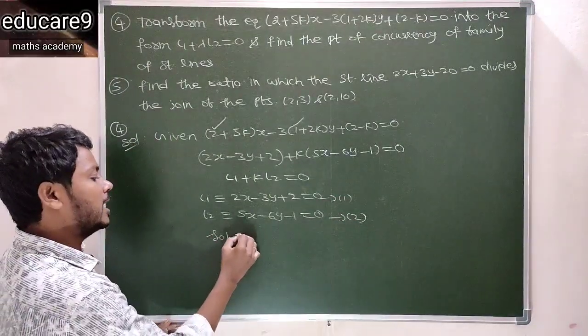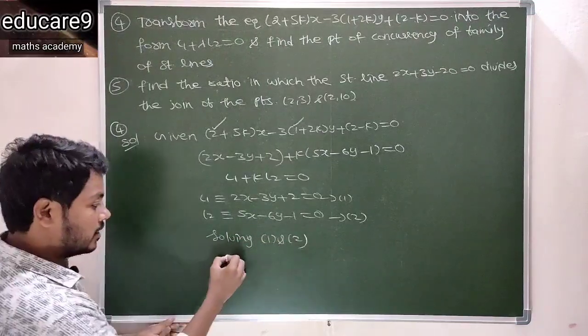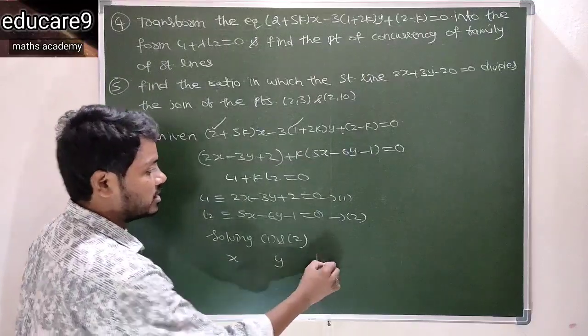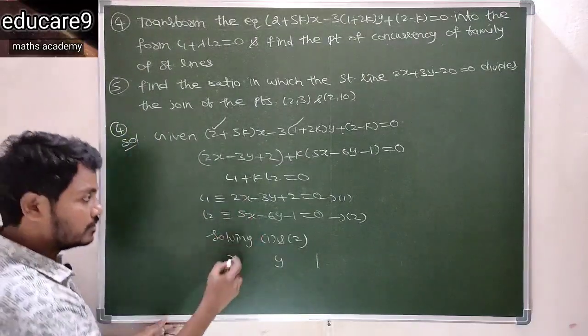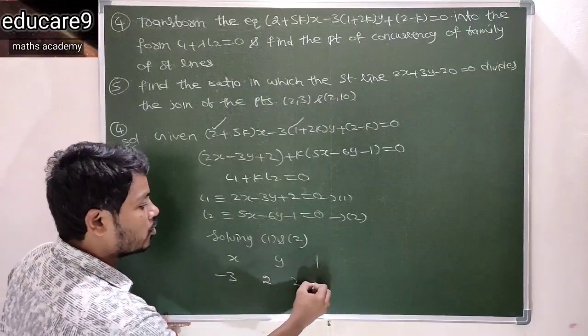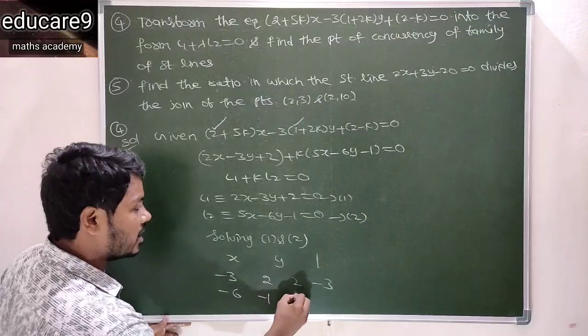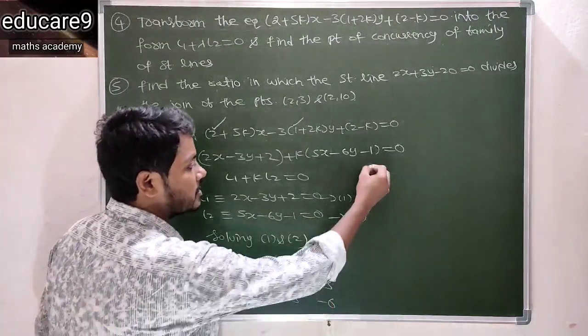Now solving 1 and 2. So what do you get? See here, x, y, constant. Start from the middle value and write horizontally: minus 3, 2, minus 3. And the second one: minus 6, minus 1, 5, minus 6.